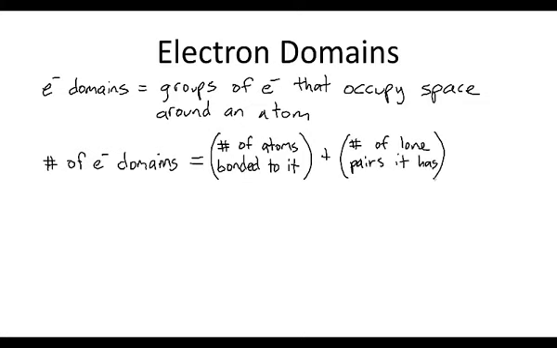And the key point there is if you have a double bond or a triple bond, that just counts as one domain because all those electrons have to be grouped in the same area.